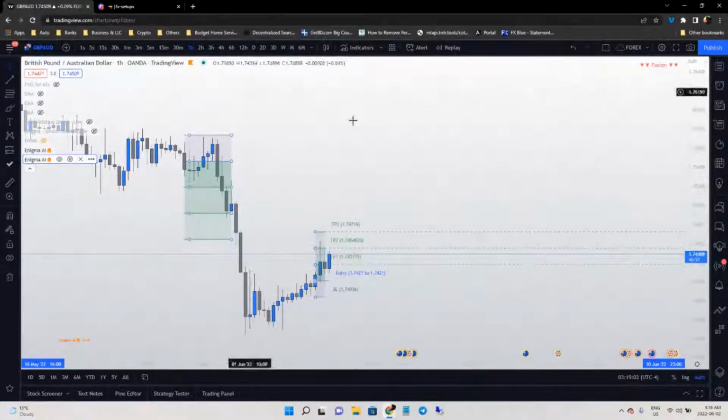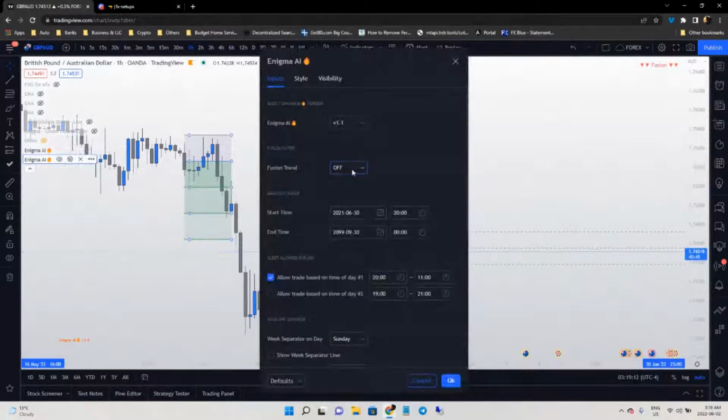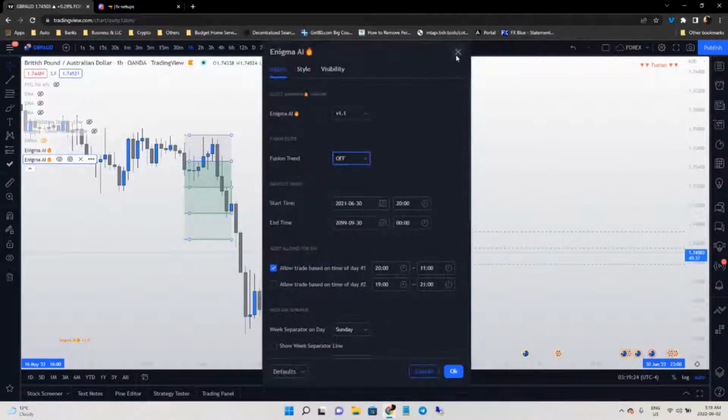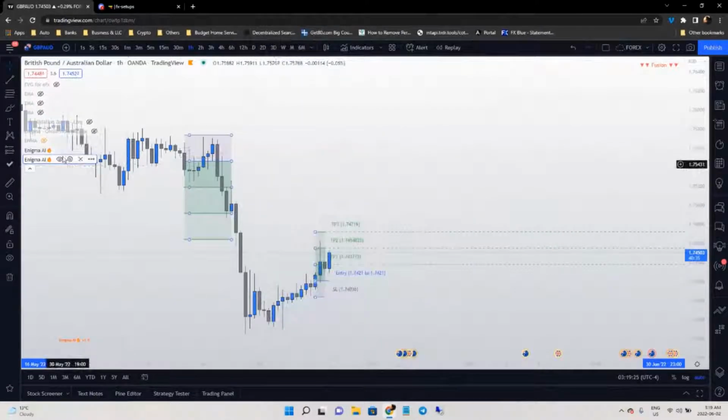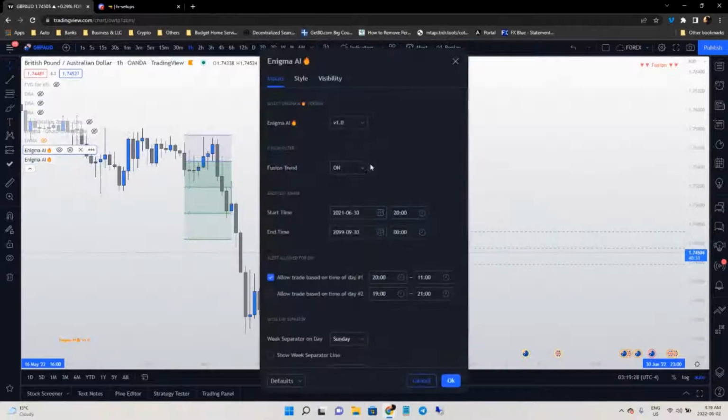And like I said, right now it's still showing you the fusion going down, but right now the fusion is off. So if you have it on, because it's on the version 1.0 right now, I'm just gonna, to make sure that you're not confused on what you're seeing, put it off here.